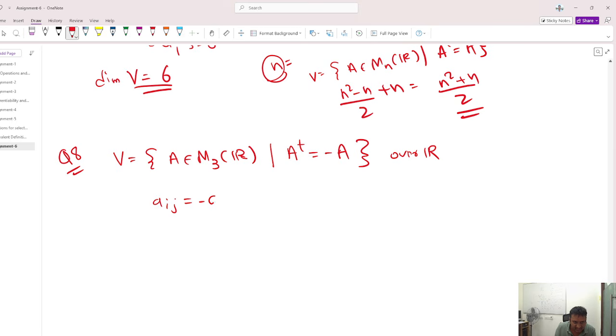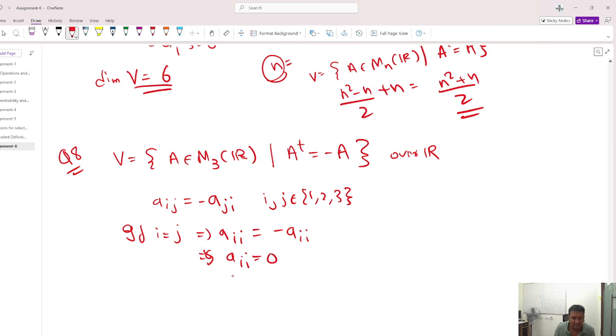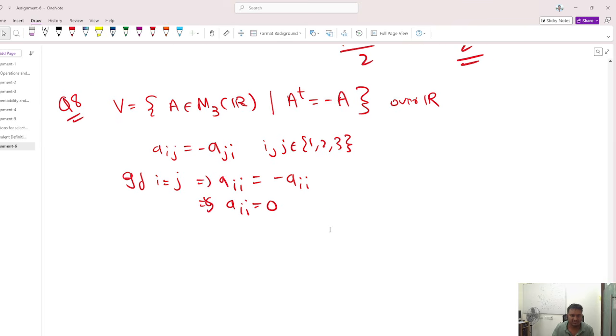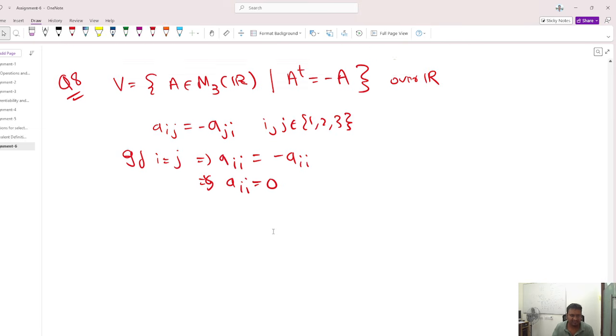Aij is the same as minus Aji, where i, j belong to 1, 2, 3. So if i equals j, what do you get, guys? Aii is the same as minus Aii, which implies Aii is 0. Oh wow, that's a fun thing that happened here, right?